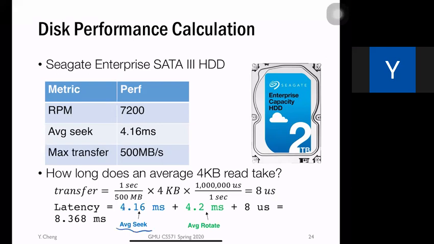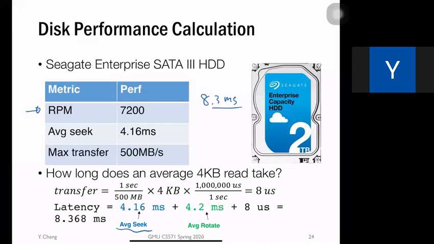milliseconds. So how to quantify average rotation is, recall that we need to look at this first metric, which is RPM. For 1 minute duration, it rotates 7,200 times. Okay, so it takes around 8.3 milliseconds, just as we've already calculated in one of the previous slides, to finish this full circle rotation.